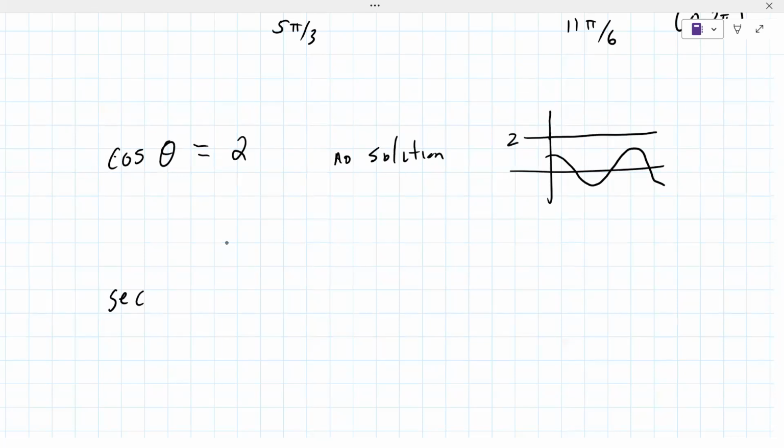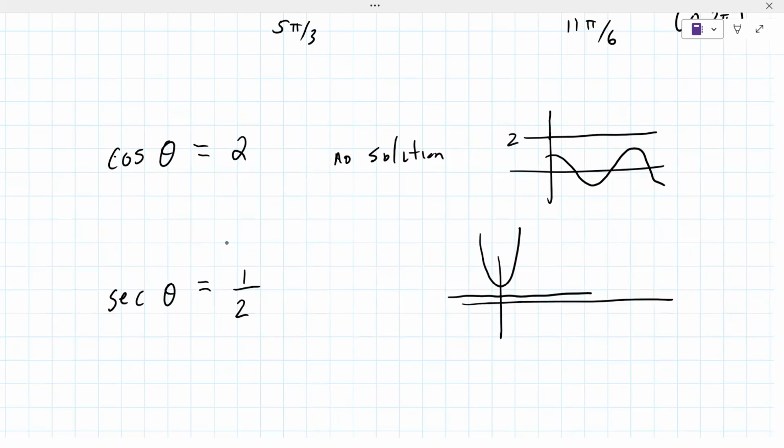And you see the same thing with secant of theta equaling 1/2, because the graph of secant of theta is something like this, and there's 1/2, and it never hits. So sometimes there's the appearance of a solution, and what you don't want to do is say, oh yeah, theta is the cosine inverse of 2, which there is no solution to. Okay.